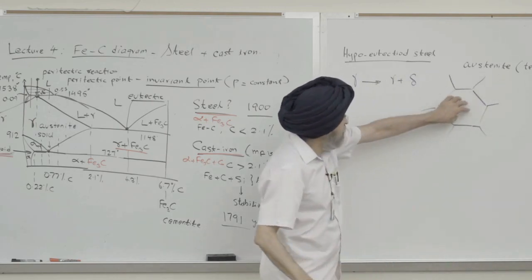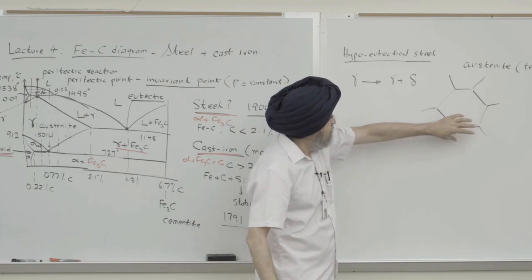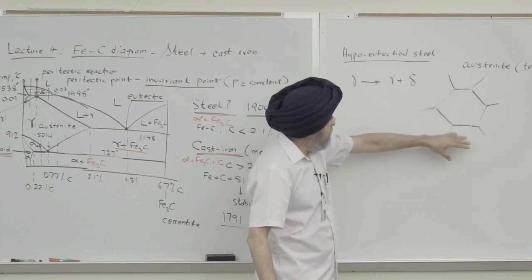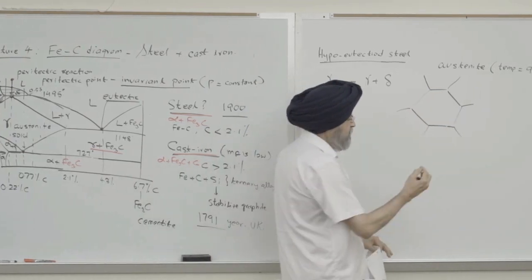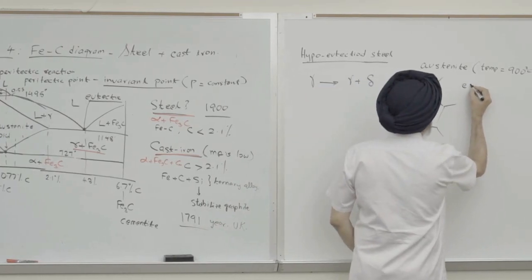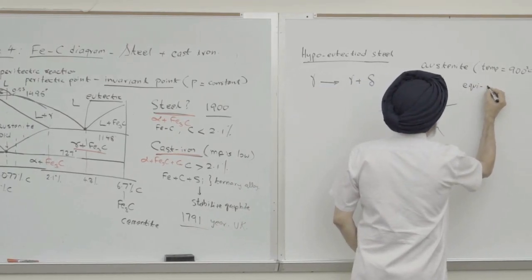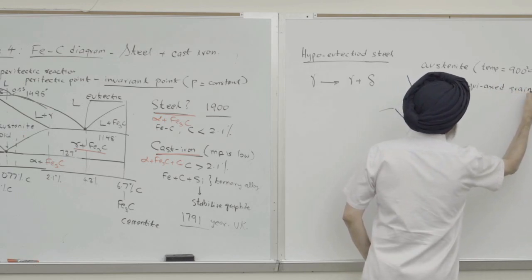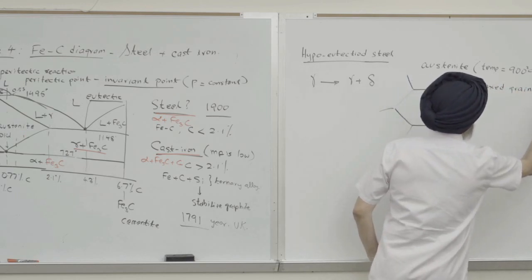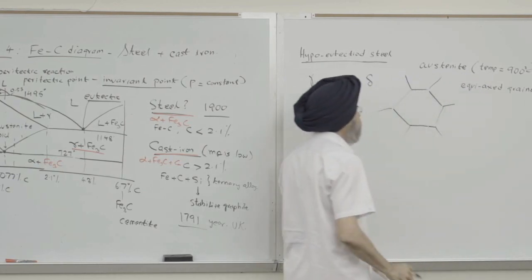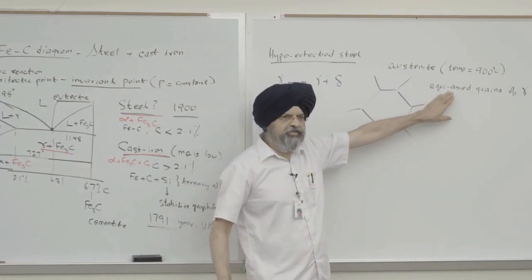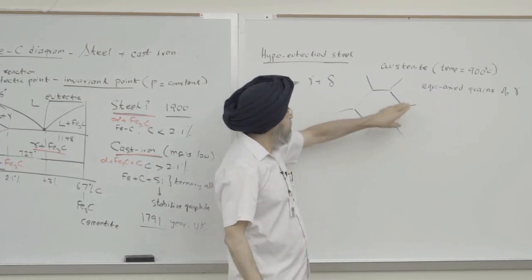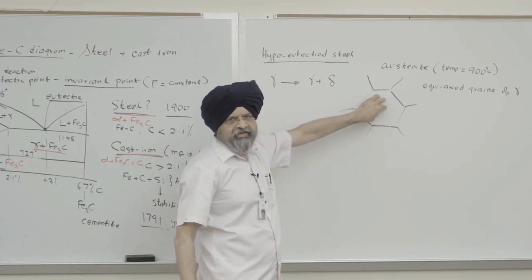All these grains will look kind of circular and equal size. So these are called equiaxed grains of austenite.